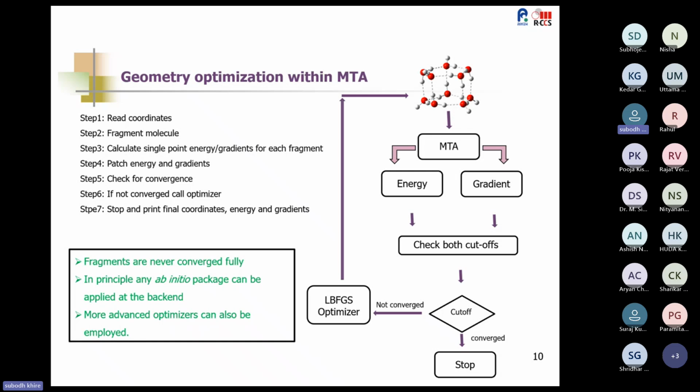A few points I would like to mention here: during the fragment calculation, fragments are never fully converged, because for each cycle it is calculating the energy and gradients and patching for the parent molecule. And the cutoffs are checked on the parent molecule and not on the fragments.